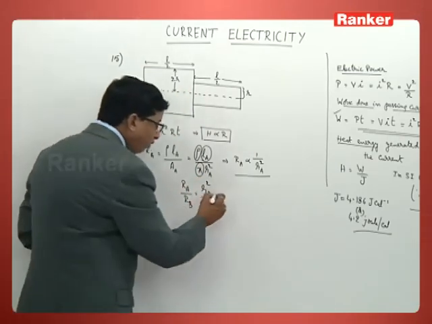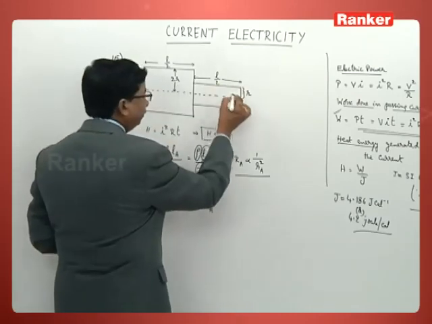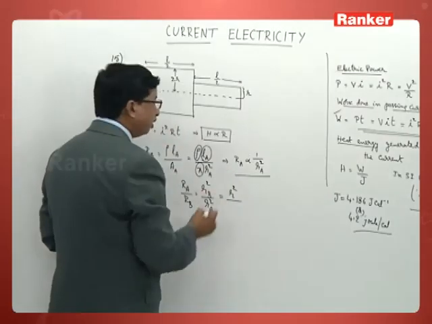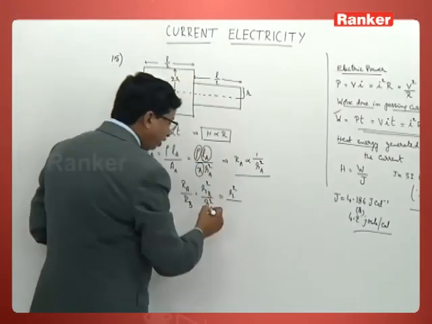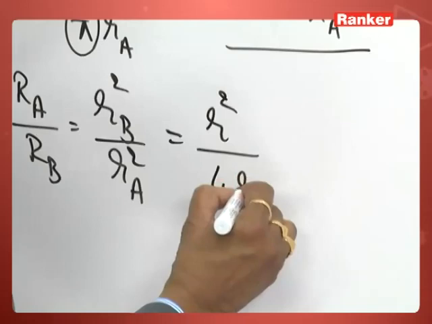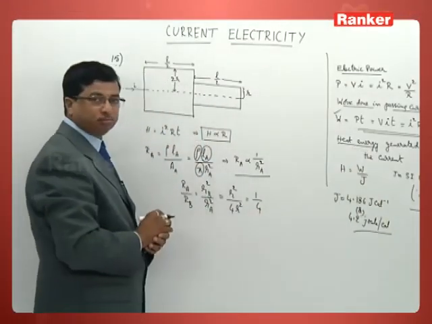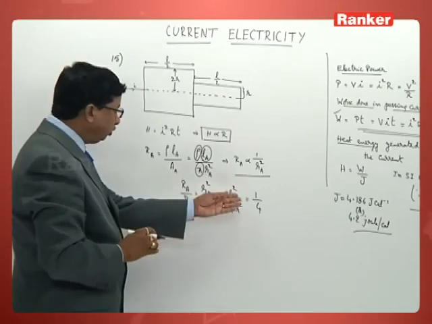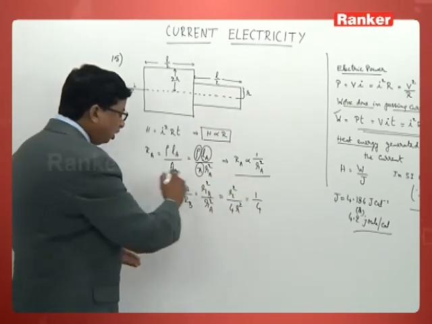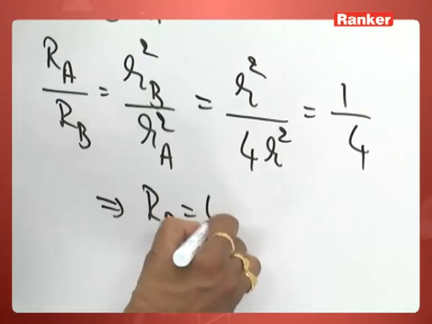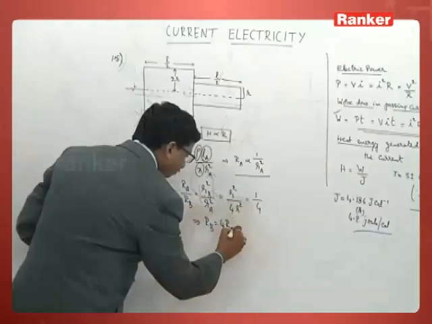So r_B is simply r. So r square by what is r_A? 2r whole square, which is 4r square. That now becomes 1 by 4. The moment you are finding it as 1 by 4, cross multiply this one please. R_B will now be equal to 4 times R_A.